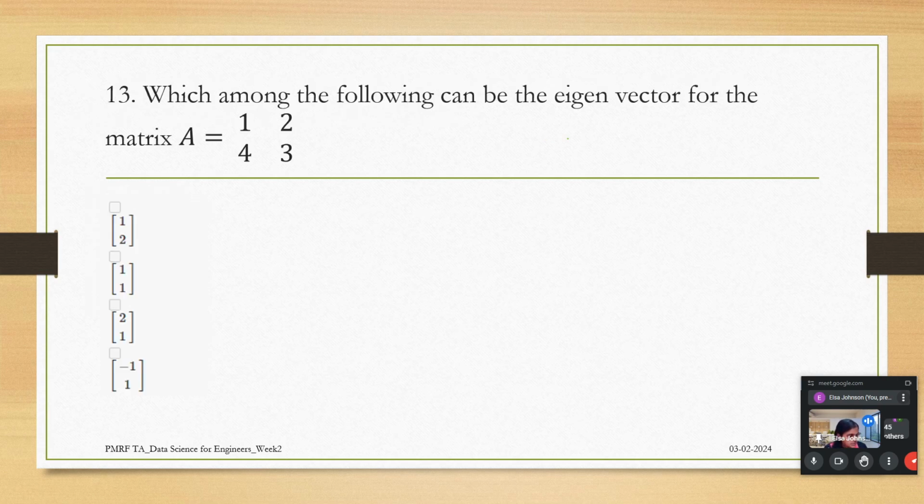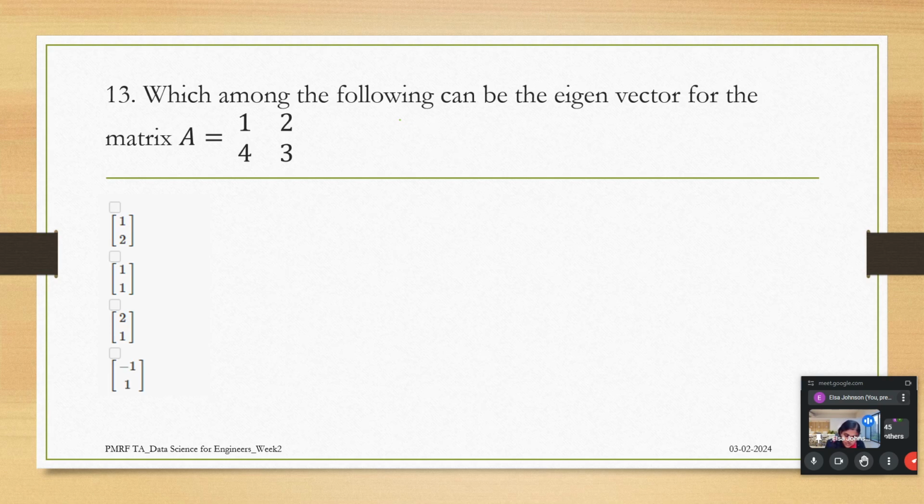From this question itself we can try. I'll come back to the other questions later. So here you can see 1, 2, 4, 3 are given there, okay. Which among the following can be eigenvectors?